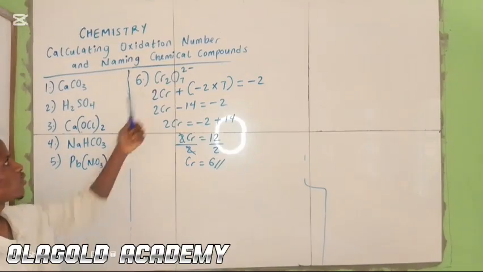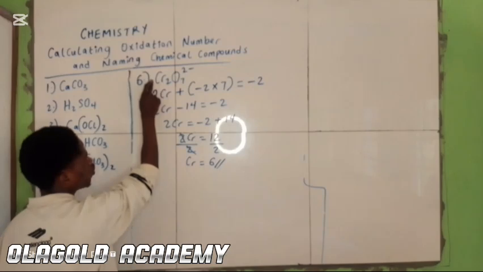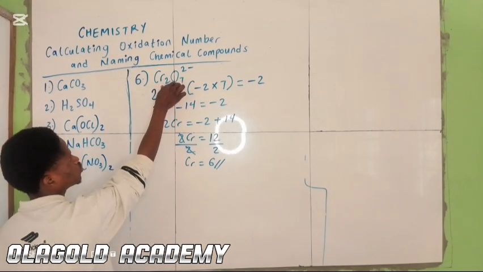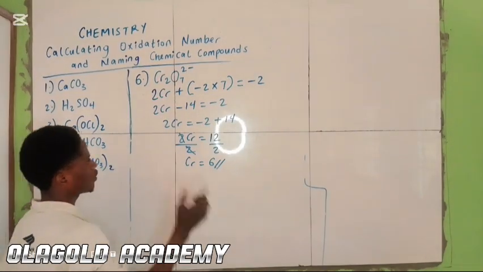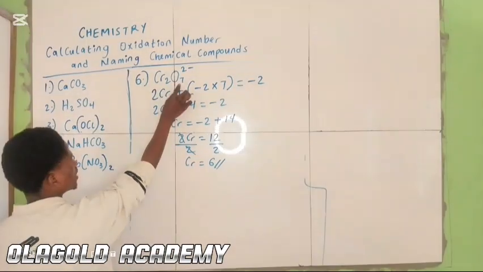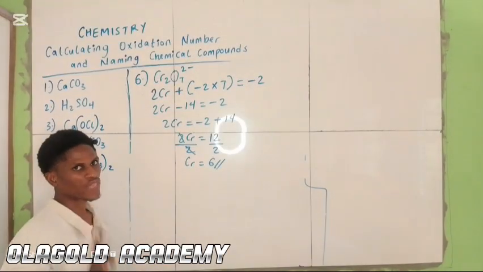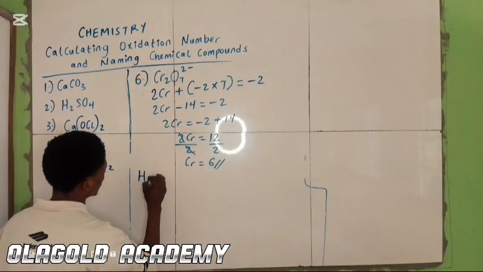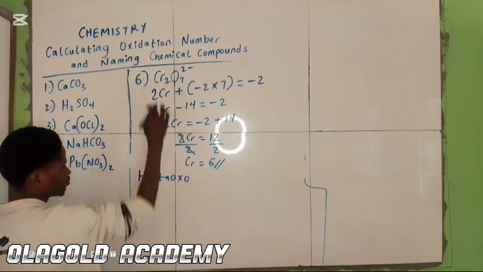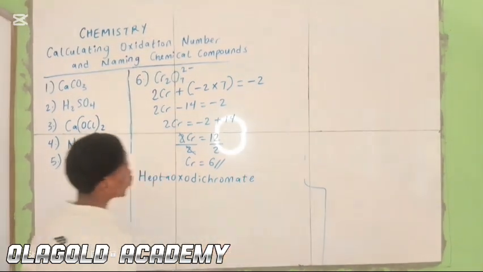To name this kind of compound, there is nothing to pick here, because this chromium is together with oxygen. So I will just write this one here. The 7 is hepta, so it becomes heptaoxo. This is dichromate.